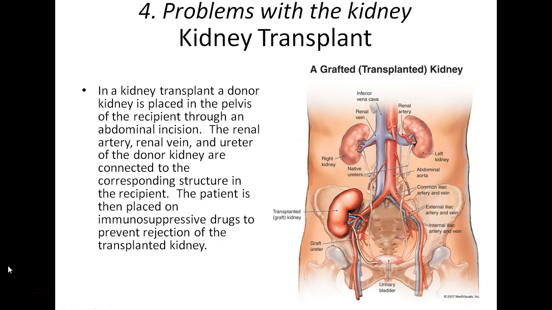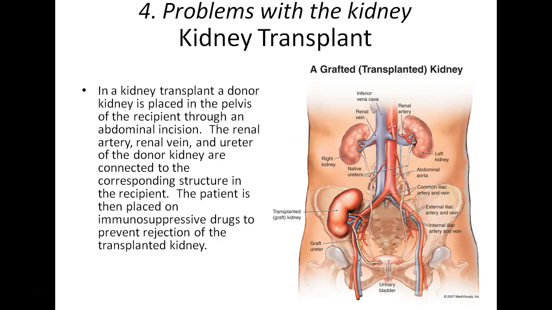If these kidneys do fail and we need a new kidney, here is an image showing a kidney transplant. In this diagram, we see the location of our diseased kidneys, and we see that in here a donor has donated a kidney, and that's placed in the pelvis through an abdominal incision.